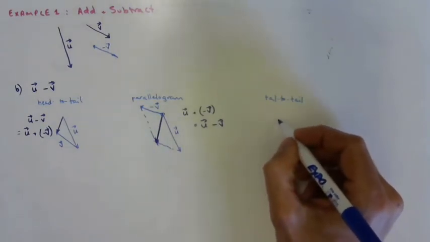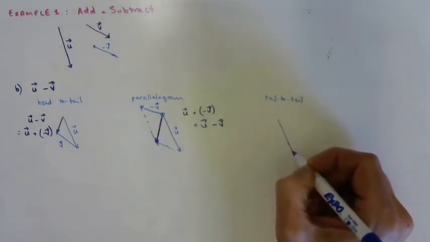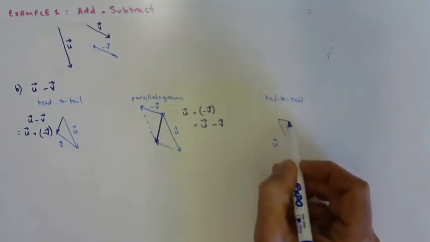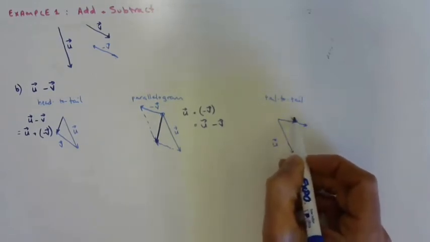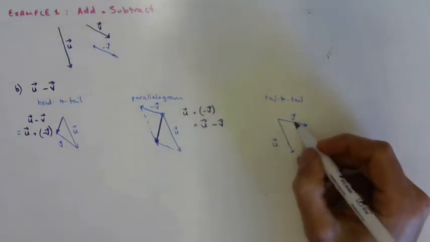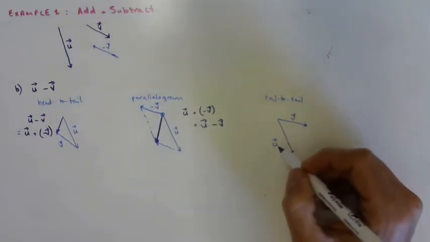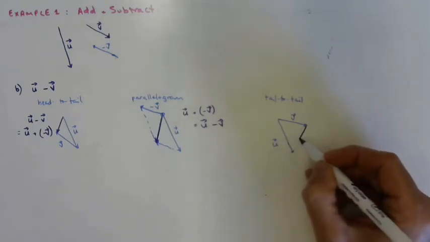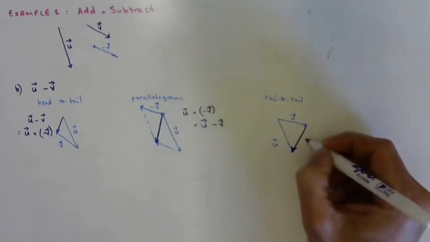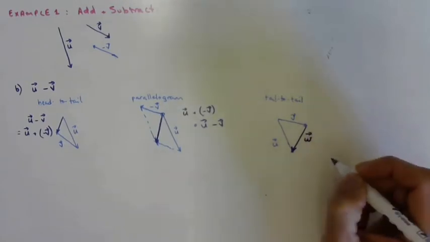So here we have u, here we have v, and I'm now going to go from the head of v to the head of u. And I'm going to call that resultant vector w.